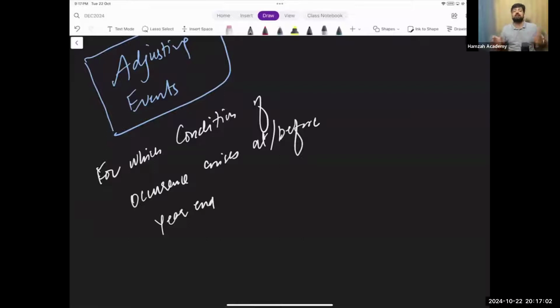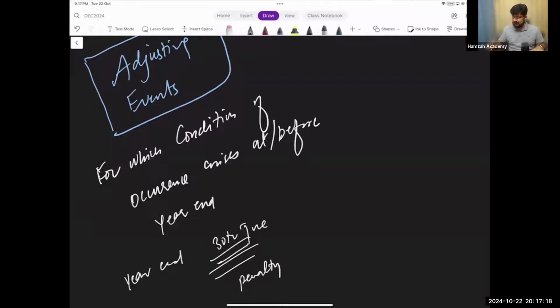I will give you an example. For example, the company's year end is 30th June. A court case was decided against the company, and the company was penalized. The penalty was charged on 15th August, 1.5 months after the year end, for a court case launched by a customer who was damaged during the year by using a product.